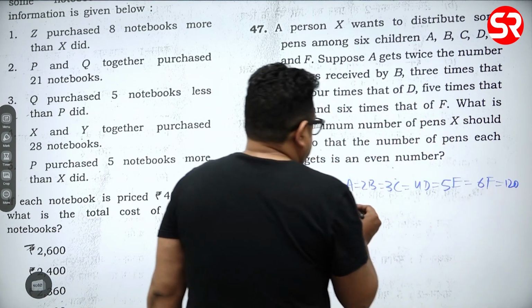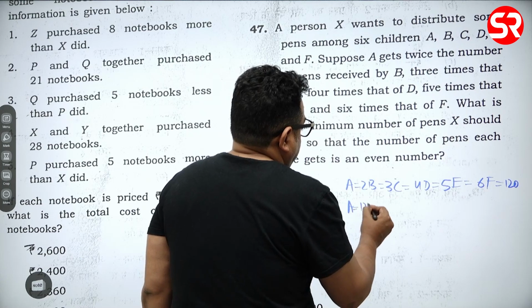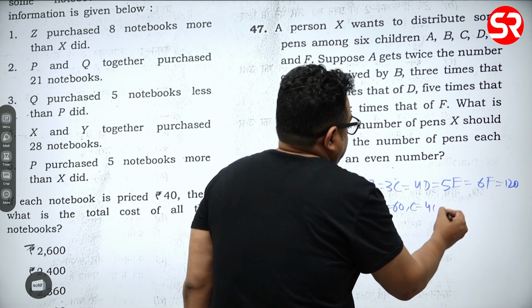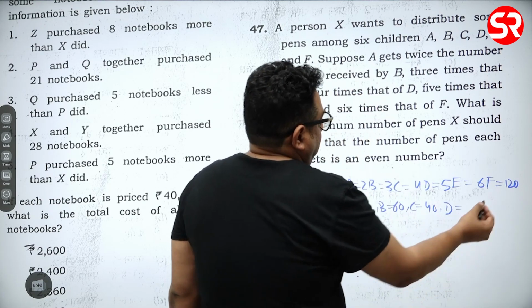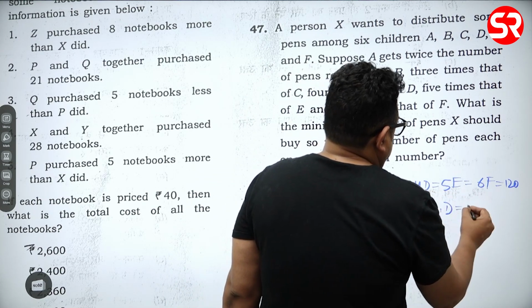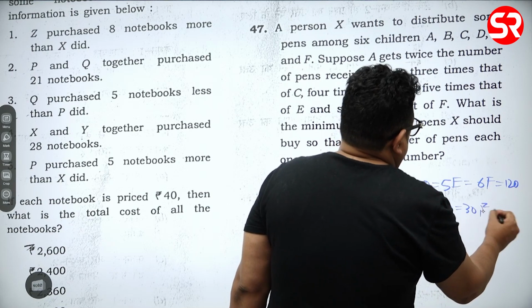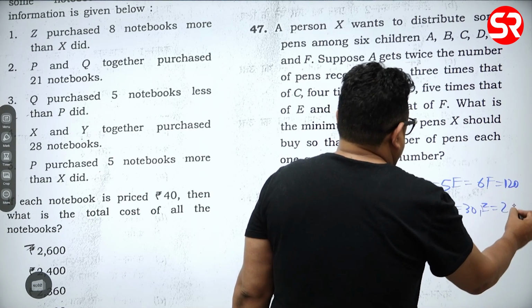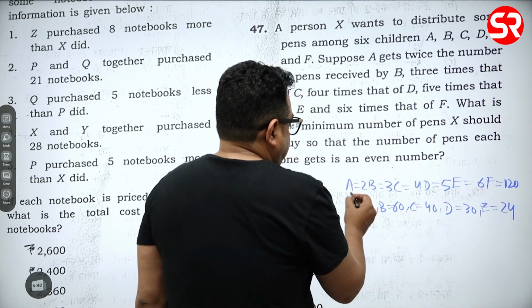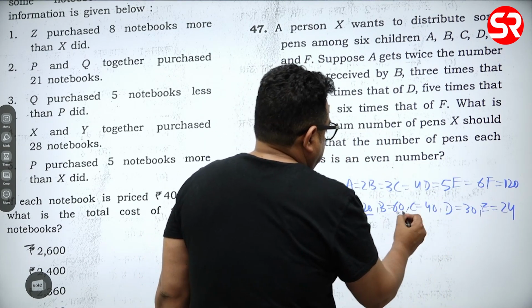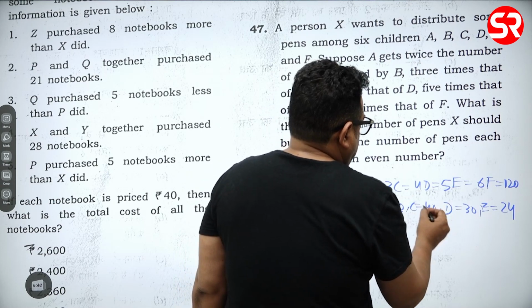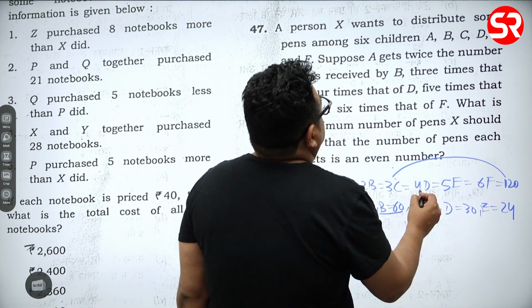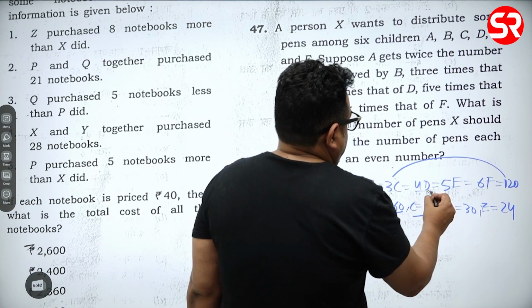But then A is equal to 120, B is equal to 60, C is equal to 40, D is equal to 120 by 4, 30, E is equal to 120 by 5, 24. Yes, 4 times, right?